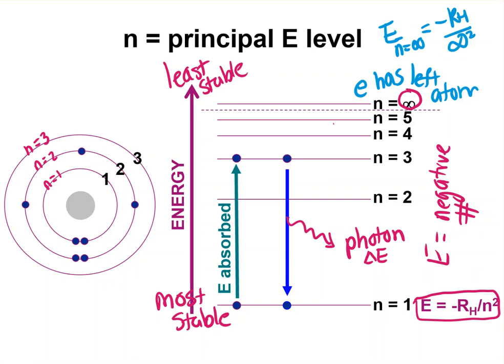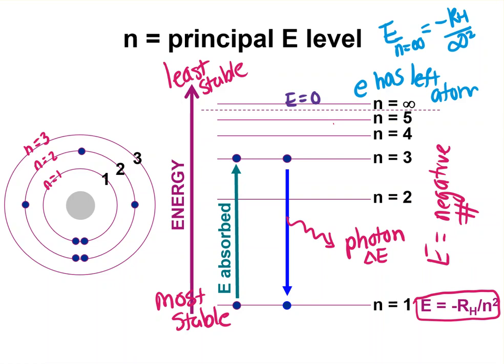So at n equals infinity, let's just put it right here. Okay, and that makes sense because once the electron has left the atom, it no longer has any potential energy to do with its attraction to that atom or that nucleus.